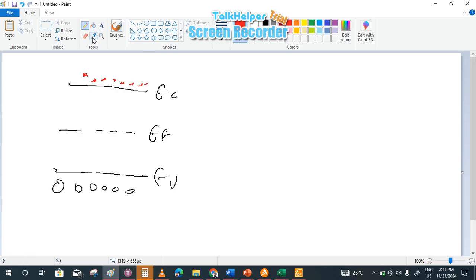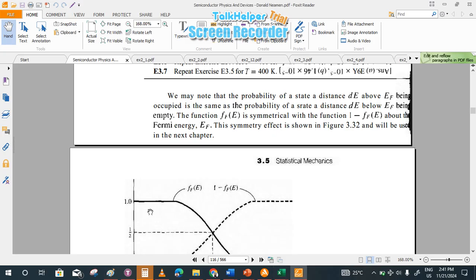The concentration of the electrons here is what we call nc, the concentration of electrons in the conduction band. And then the concentration of holes here is what we call nv, the concentration of holes in the valence band. All right, so we have this scenario.